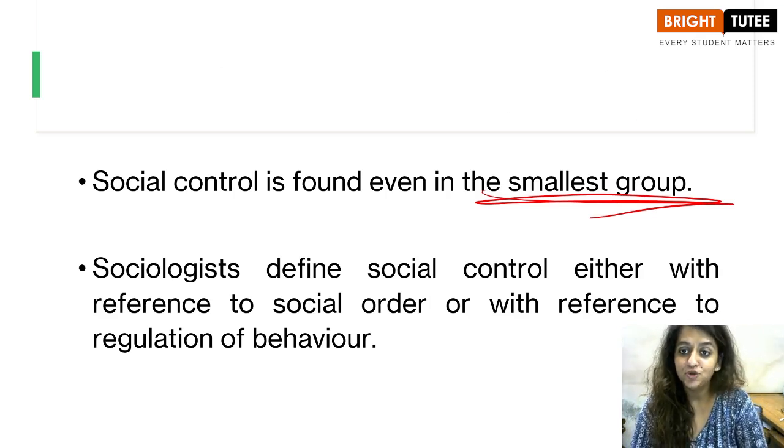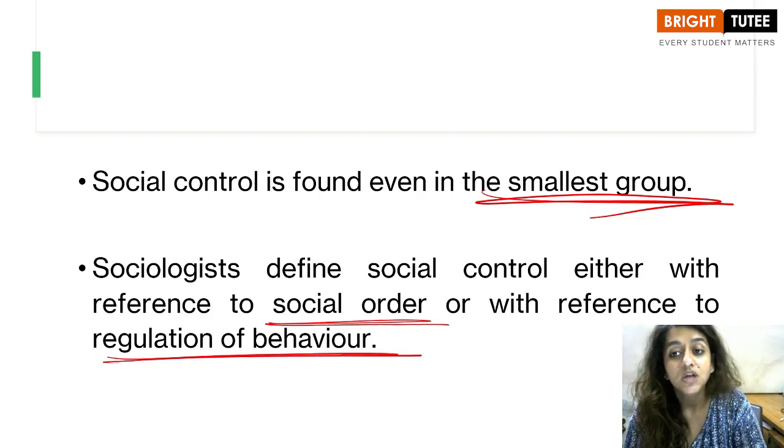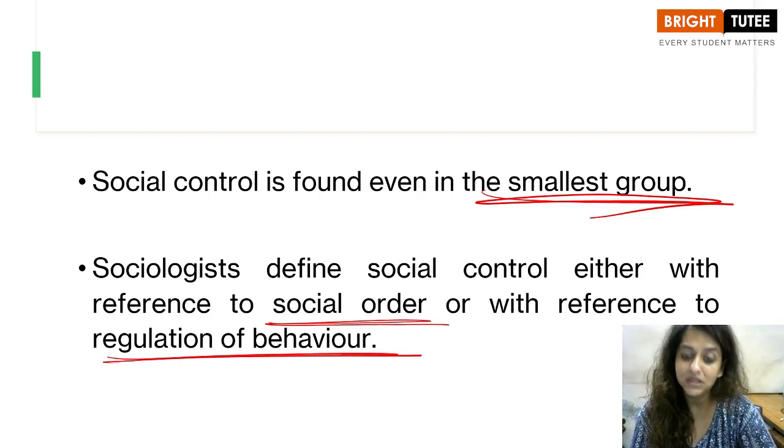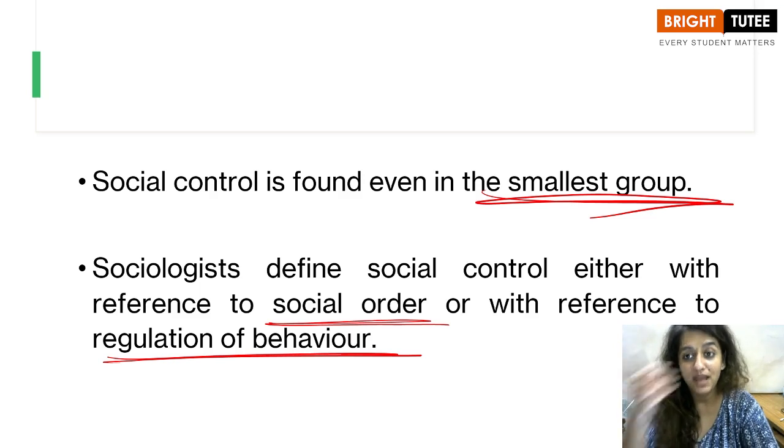Sociologists define social control either with reference to the social order or with reference to the regulation of behavior. So sociologists have always been defining social control either with reference to the social order, or with reference to the regulation of the behavior of the people in the society.